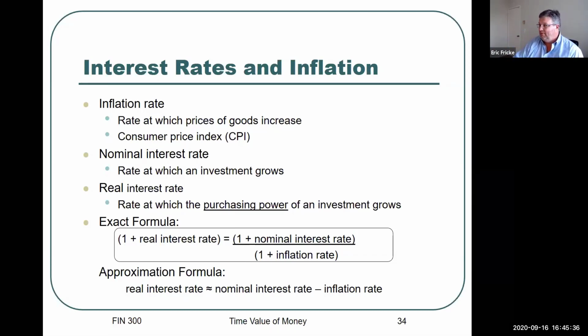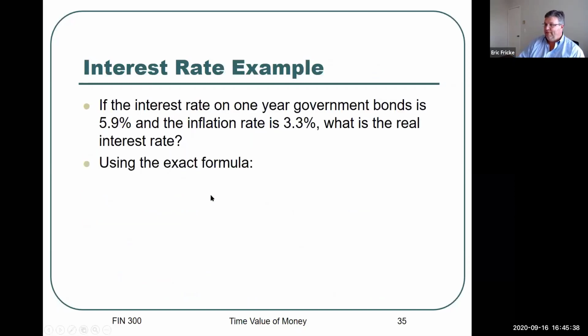Let's do an example calculating both. Using the exact formula, let's say we got a one-year government bond with an interest rate of 5.9%. We invested in that. During the year, however, the inflation rate was 3.3%. What is the real interest rate we got on that government bond? What was the increase in our purchasing power? We got a 5.9% return, but we didn't necessarily increase our purchasing power by 5.9%.